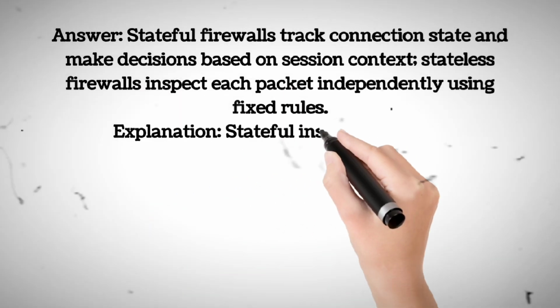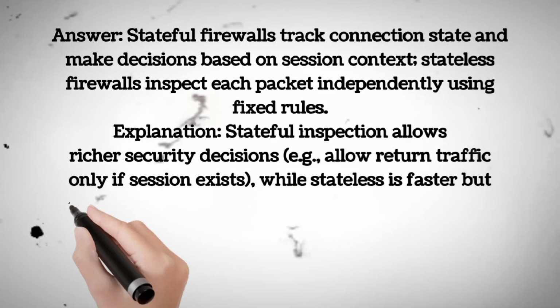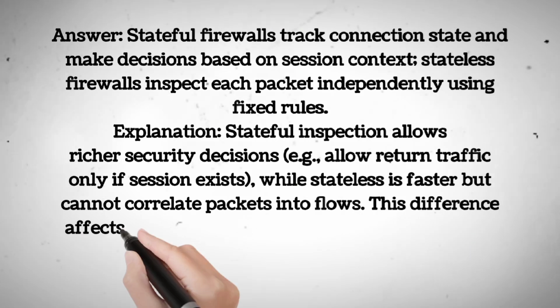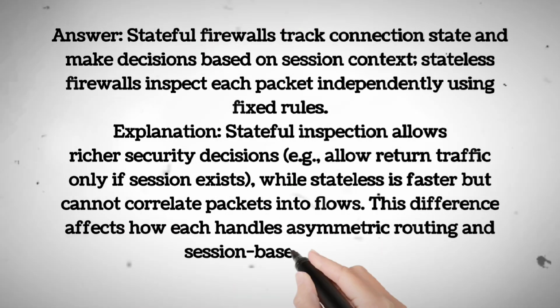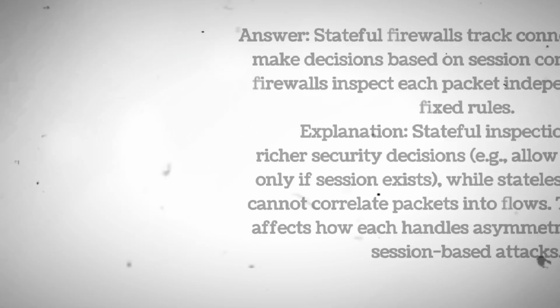Stateless firewalls inspect each packet independently using fixed rules. Explanation. Stateful inspection allows richer security decisions, e.g., allow return traffic only if session exists, while stateless is faster, but cannot correlate packets into flows. This difference affects how each handles asymmetric routing and session-based attacks.